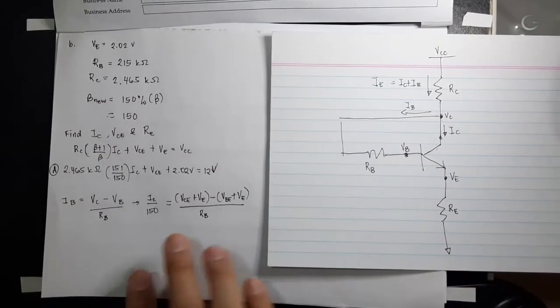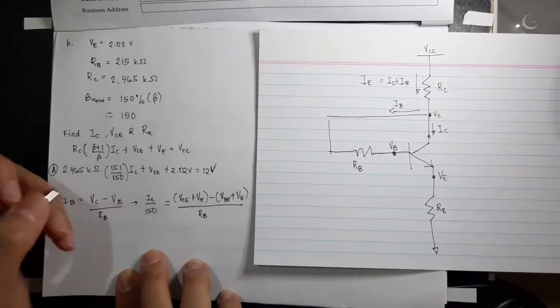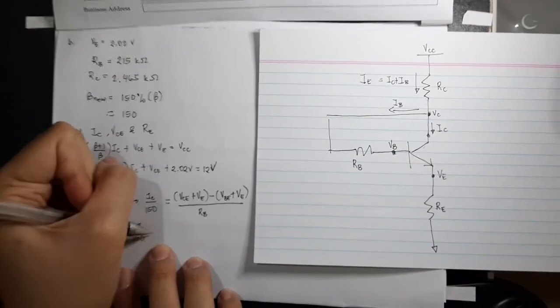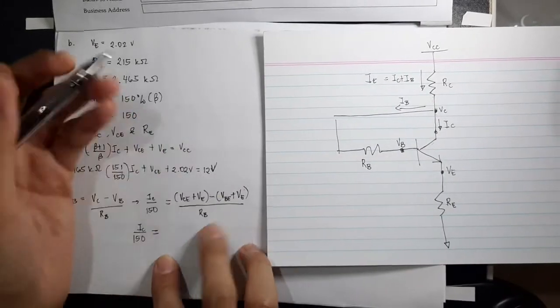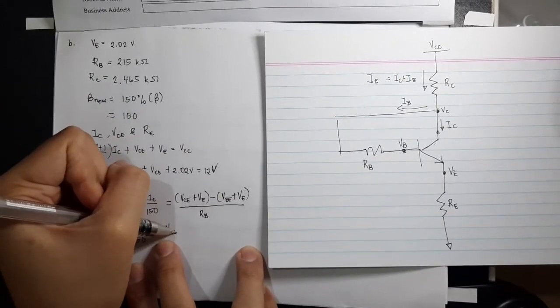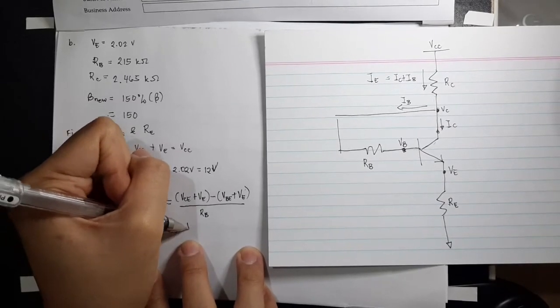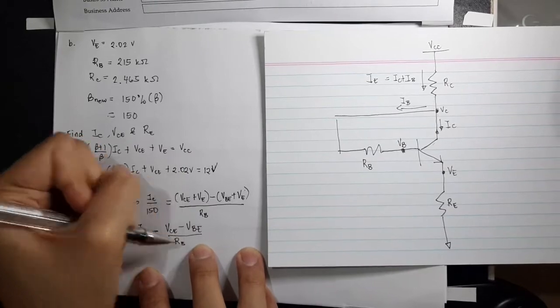So substituting values, except for the unknowns, we have IC over 150 equals, pwede natin i-cancel yung VE dito. So this is just VCE minus VBE all over RB.